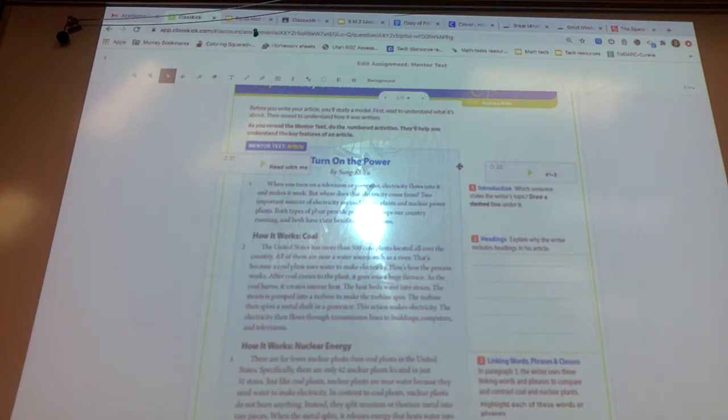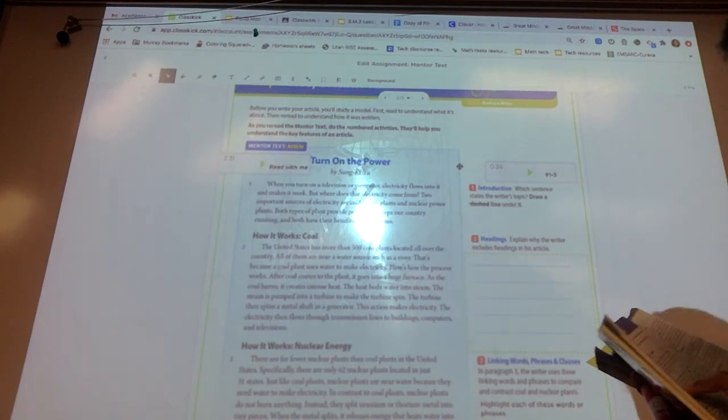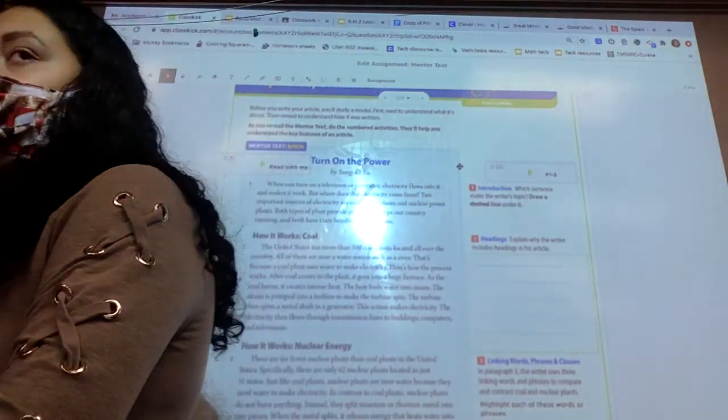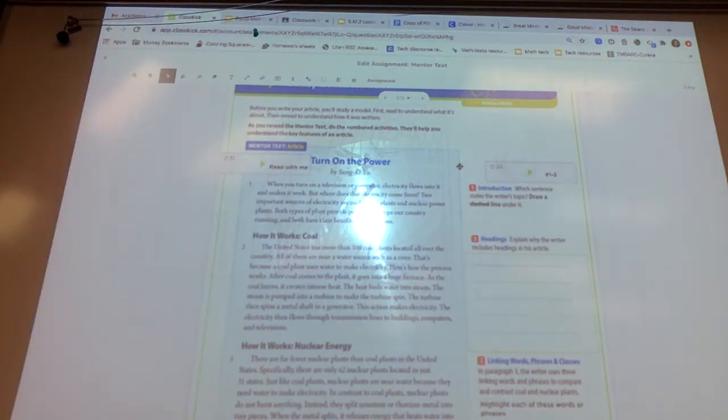How it works. Coal. The United States has more than 500 coal plants located all over the country. All of them are near a water source, such as a river. That's because a coal plant uses water to make electricity. Here's how the process works. After coal comes to the plant, it goes into a huge furnace.